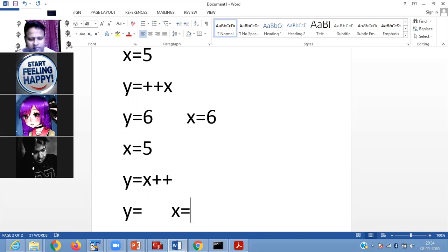Y is 5, then 5 plus 1 is 6, so x becomes 6. First display y equals 5, then x increments to 6. Yes, sir. Is it correct?